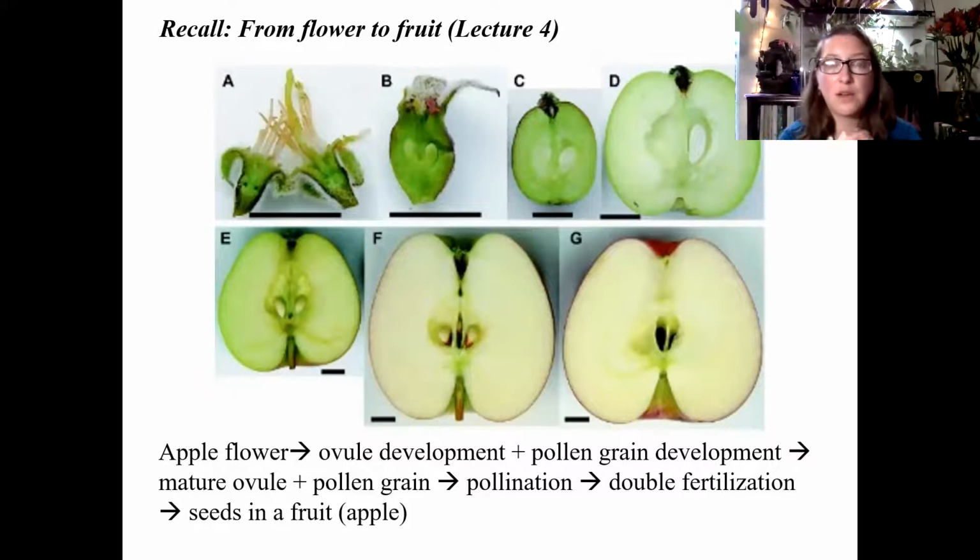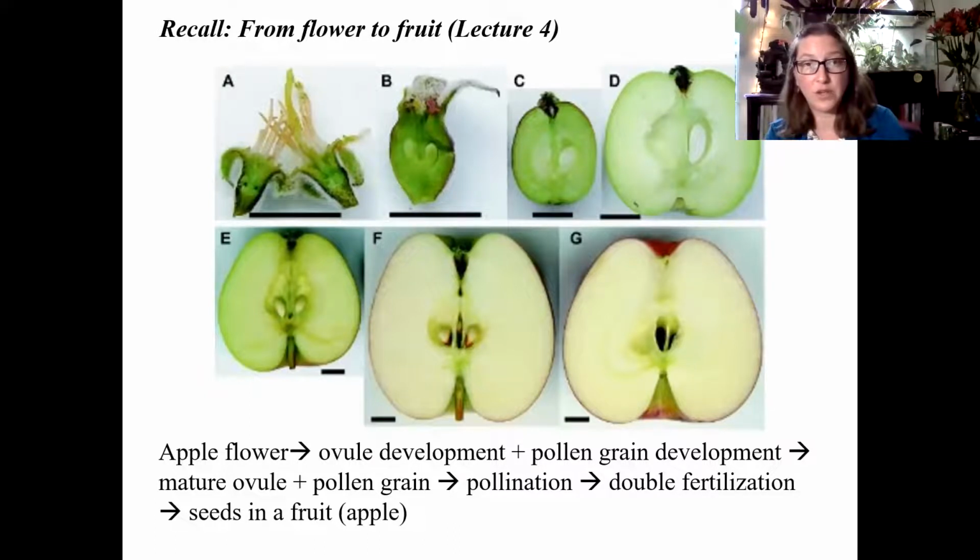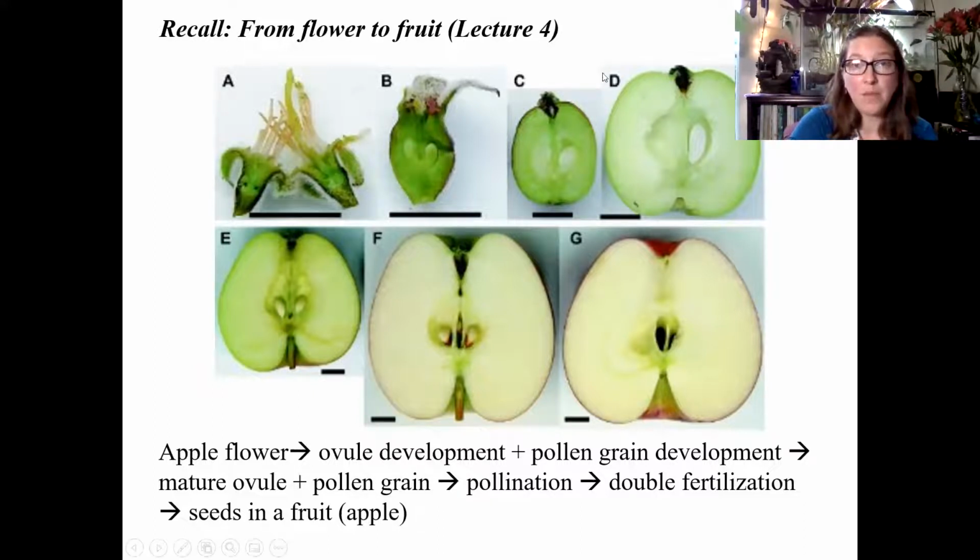And in the flower lecture, we covered how you get from a flower to a fruit. And we saw a bunch of really cool time-lapse videos of a flower turning into a fruit, right? But just for a little bit of an overview, if you look at the bottom here, you have a flower. Inside the flower, you have the ovule develop. And in that ovule will be the reduced female gametophyte plant with egg.